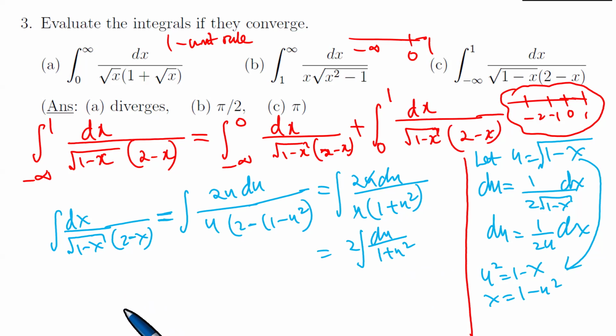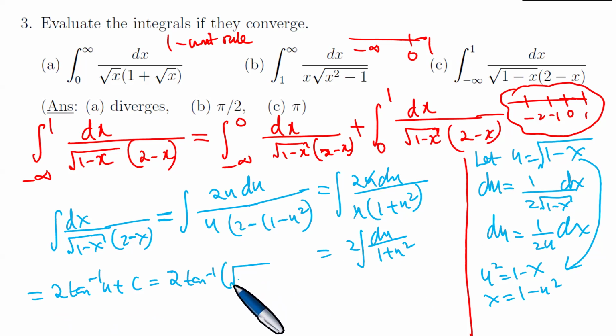So what is this? If you start from here, you'd have 2 arctan of u plus c. That is the integral, 2 arctan. What is u? It's exactly this, square root of 1 minus x, plus c.